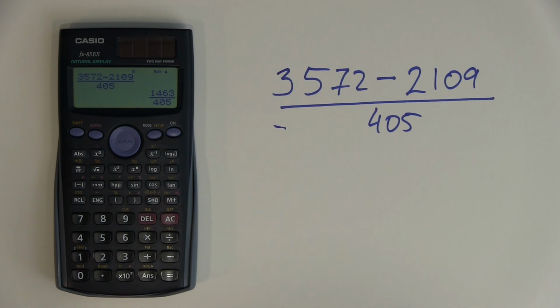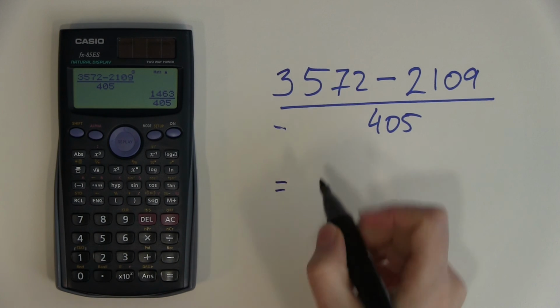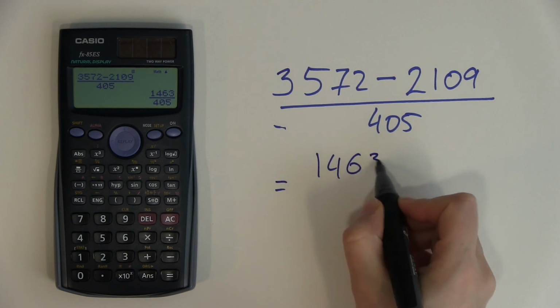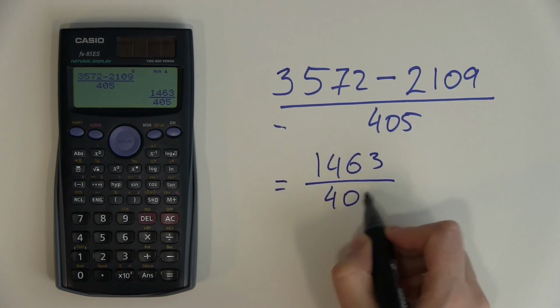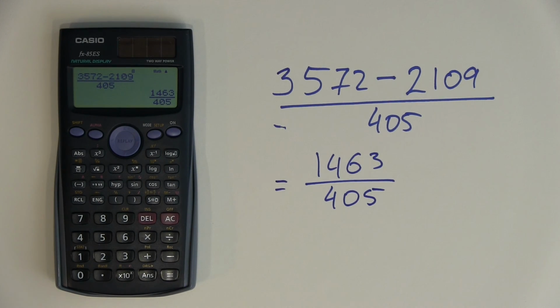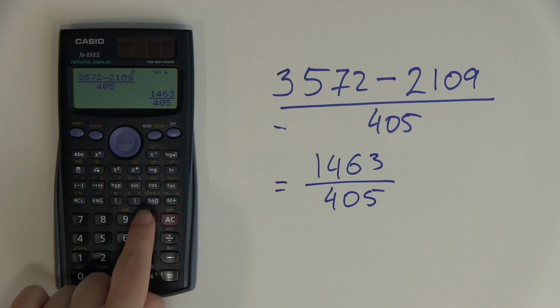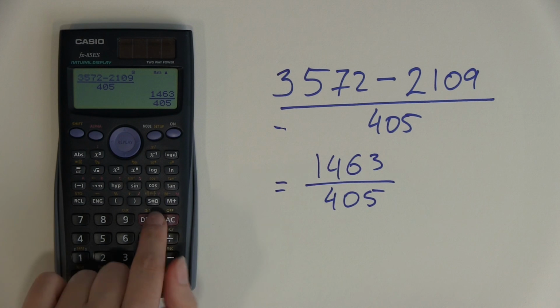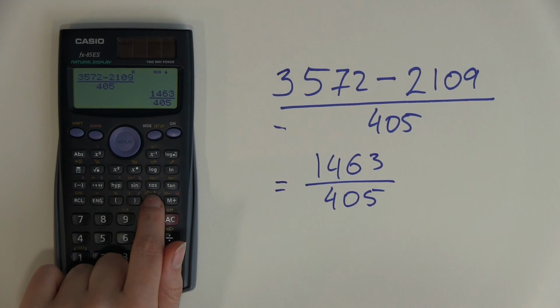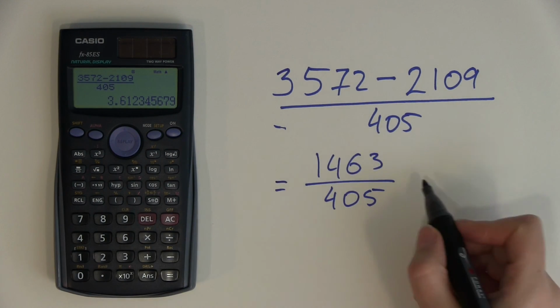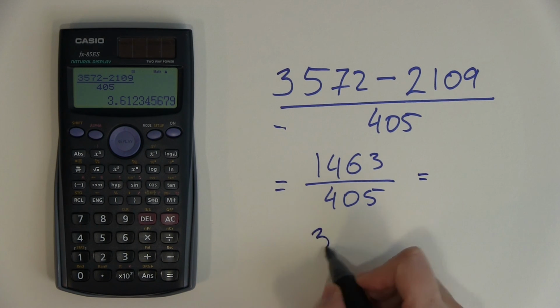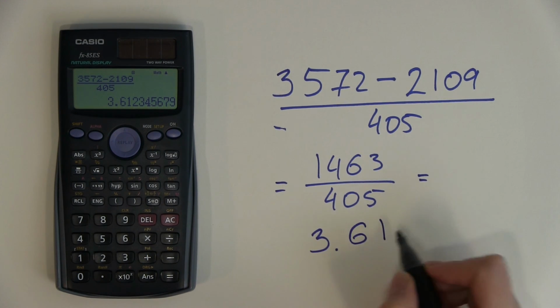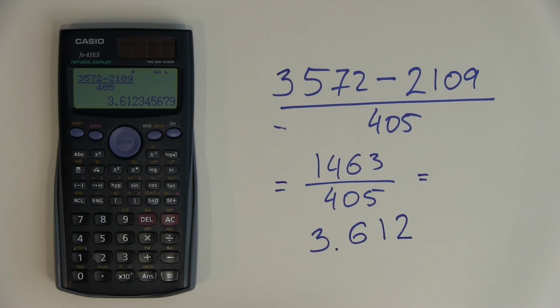And voila, the answer is calculated. Now again, 1463 over 405 gives you the exact fractional answer, but probably in this case we would prefer the decimal. So let's look at what the decimal is, and this is 3.612 to 3 decimal places.